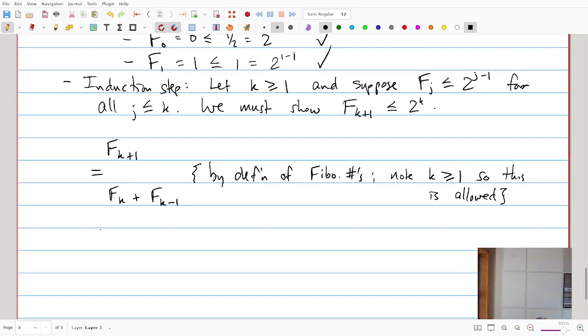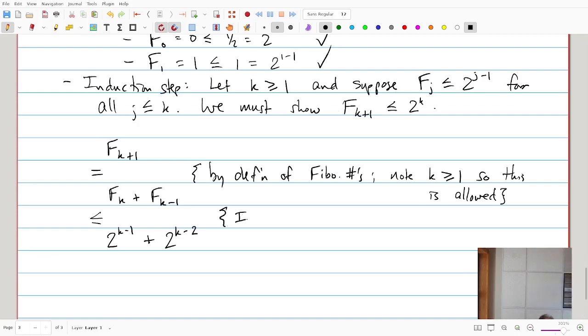Well, now, my induction hypothesis tells me that I know something not only about F(k), but also about F(k-1). Right? Anything k or smaller, we're assuming that this is true for them. So if I replace each of them, I know that F(k) is less than or equal to 2 to the k minus 1, and I also know that F(k-1) is less than or equal to 2 to the k minus 2.